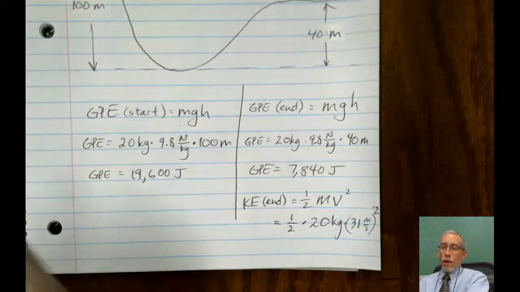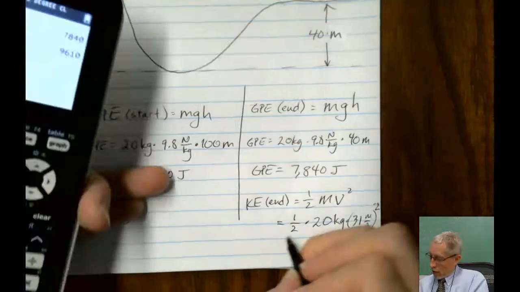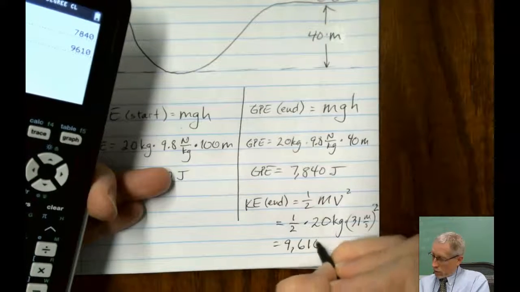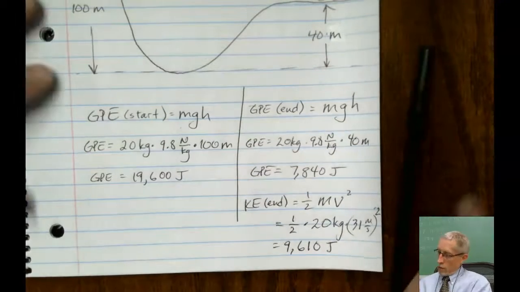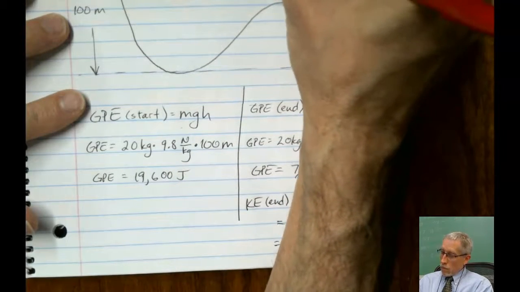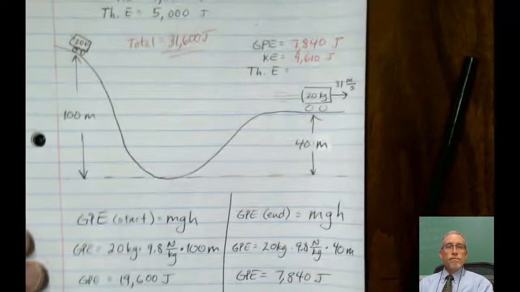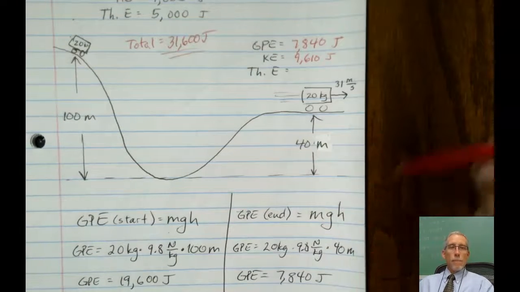I don't want to hit equals and then square it. 9,610. Make sure you can get that number as well. That's joules also. 9,610. Write it in. Again, I'm writing in red as I calculate things.